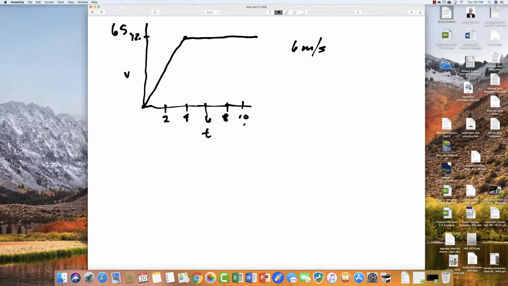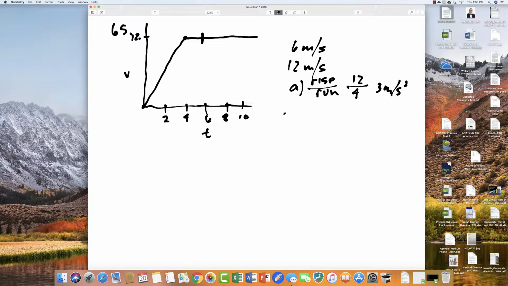At 5 seconds, right here where it flattens out, the velocity is 12 meters per second. And then the acceleration is the rise over the run of this graph, which is 12 divided by 4, or 3 meters per second squared, up to 4 seconds. After that, there's no acceleration because it flattens out.